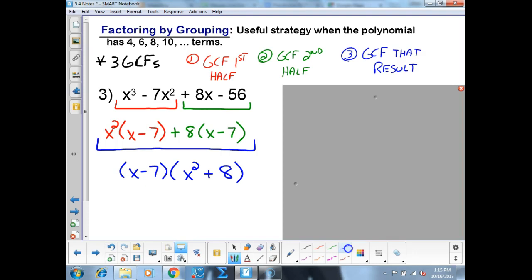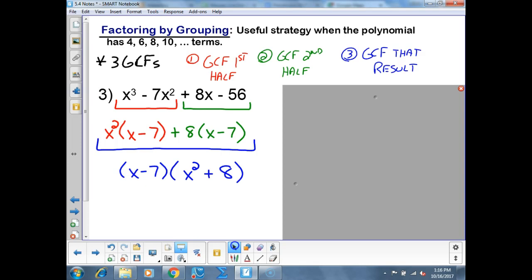Now I ask myself, in x minus 7, nothing can be factored. In x squared plus 8, is that a perfect square? Is 8 a perfect square? No. So it's not going to be the difference of perfect squares, because it fails the perfect square part, plus it fails the difference part.